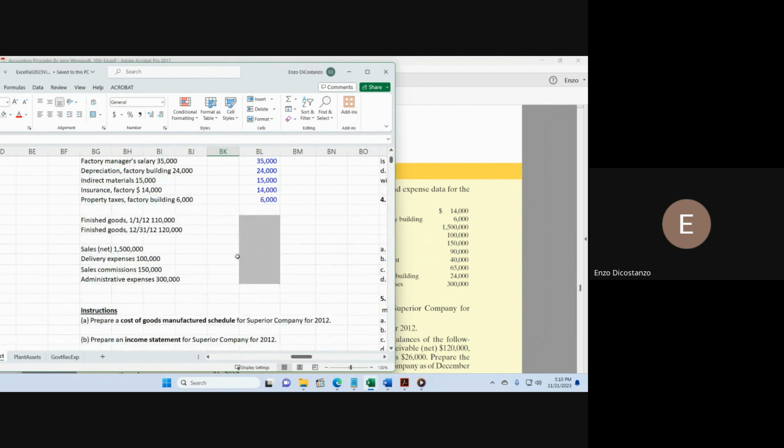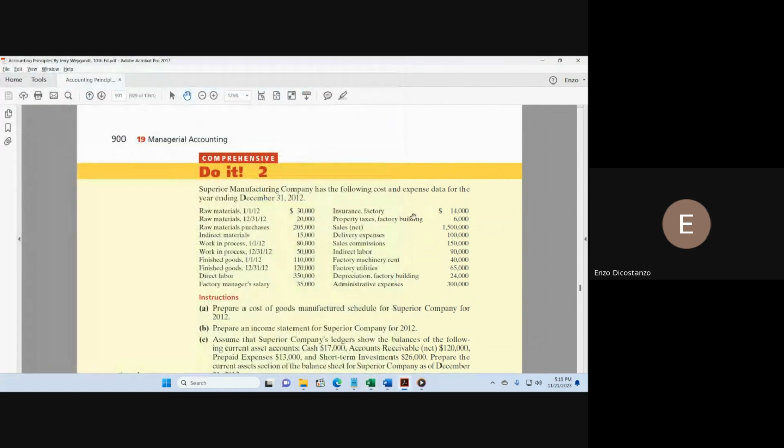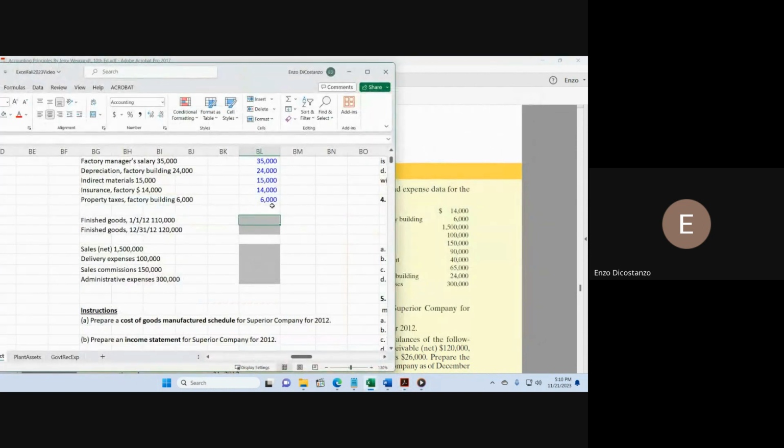Okay, you have all those. Then you have the finished goods numbers, starting at 110 and ending at 120. And here are some income statement numbers. Net sales 1.5 million.